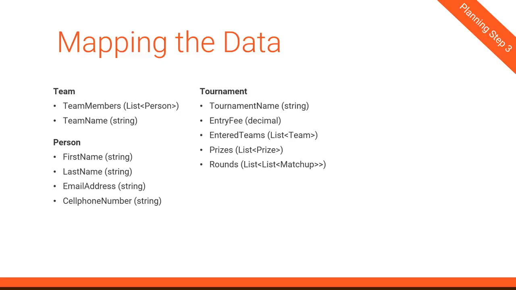For example, in SQL, which is where you want to store our data, typically what you do is you have a unique identifier for every row in a table. Well, probably team will be a table, and person will be a table, and tournament will be a table. And so each of these will probably have a unique identifier. Now, there are certain things that we call natural keys we could use for identifiers.